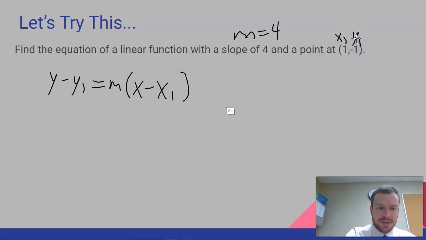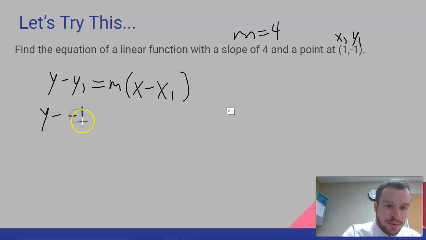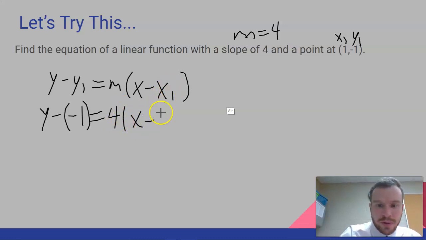So now I'm just going to substitute into the point slope form. So we get y minus (-1) equals 4, the slope, times x minus, now I'm substituting in for x1, and that's going to be 1.